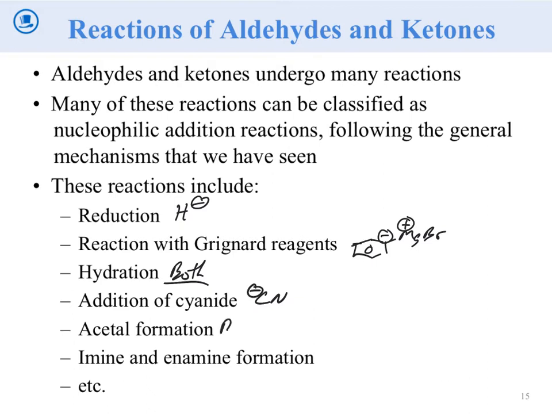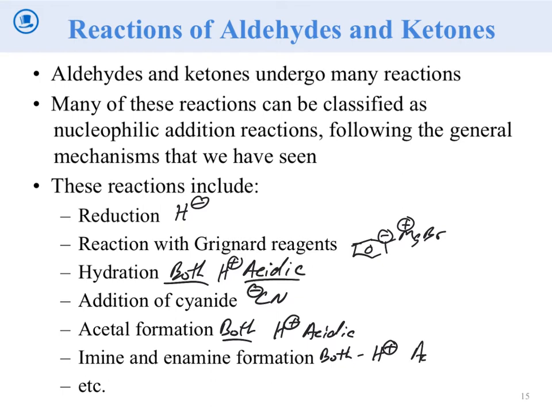And again, acetal, we're going to get a little bit of both. Imine, enamine, also a little bit of both. But what we'll learn and talk about first for most of these is acidic conditions. Same with up here. We'll learn both, but we're going to start with acidic for these.